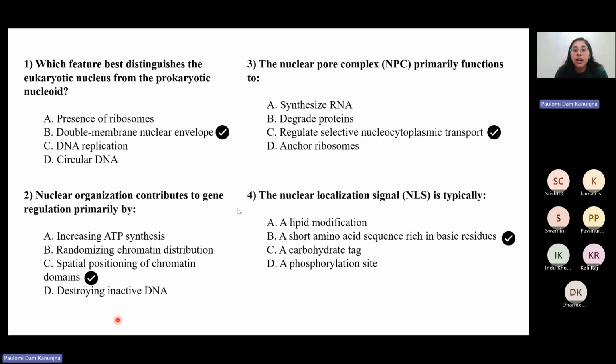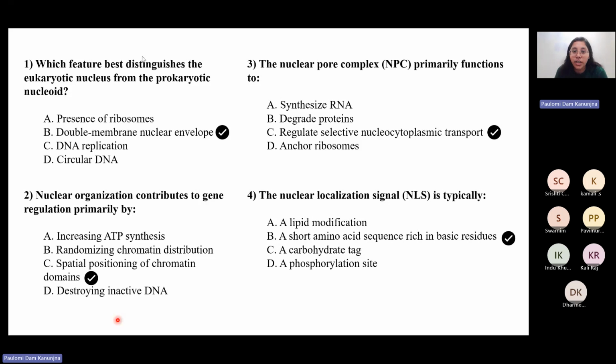Next, nuclear organization contributes to gene regulation, as I told you, primarily by spatial positioning of the chromatin domains, which in other terms are euchromatin and heterochromatin. I also explained that euchromatin and heterochromatin alter the access of the gene by the transcription factors.